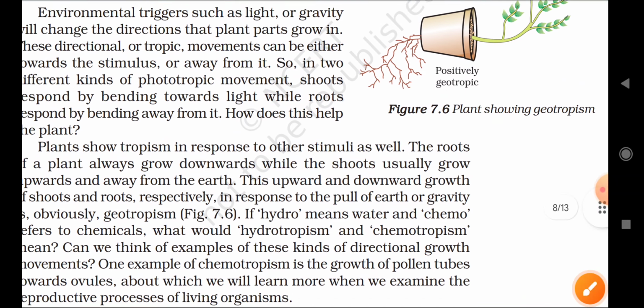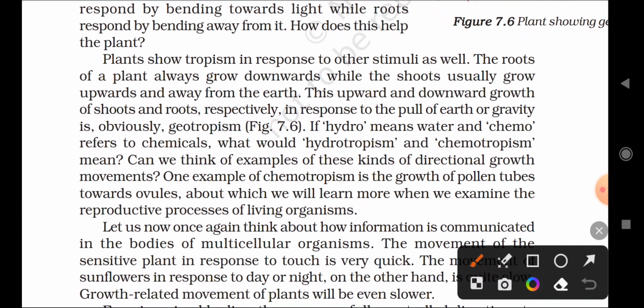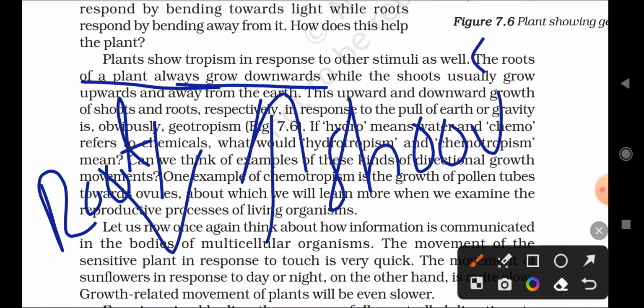These are very important definitions. They will definitely ask for 2 marks or 1 mark. So this is the definition of geotropism: the roots of a plant always grow in a downward direction, and the shoots always grow in an upward direction, away from the earth.